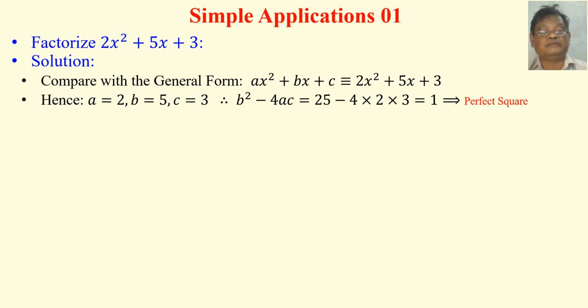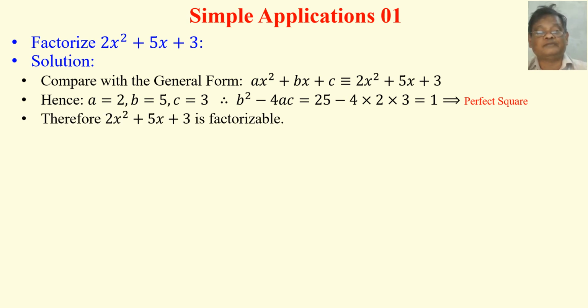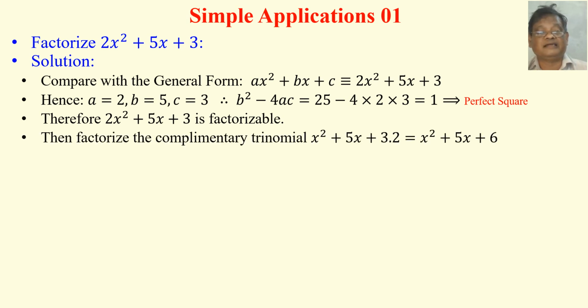Therefore, b squared minus 4ac is equal to 25 minus 4 times 2 times 3, which is equal to 1, which is a perfect square. Therefore, 2x squared plus 5x plus 3 is factorizable. Then factorize the complementary trinomial x squared plus 5x plus 3 times 2, which is equal to x squared plus 5x plus 6. Now, 3 plus 2 is equal to 5 and 3 times 2 equals 6.